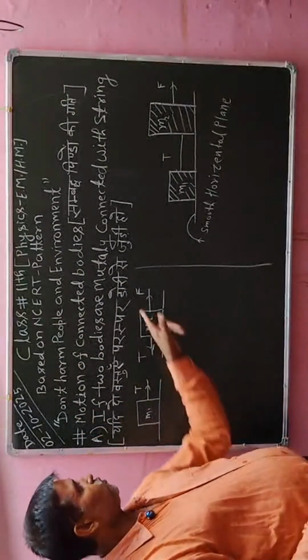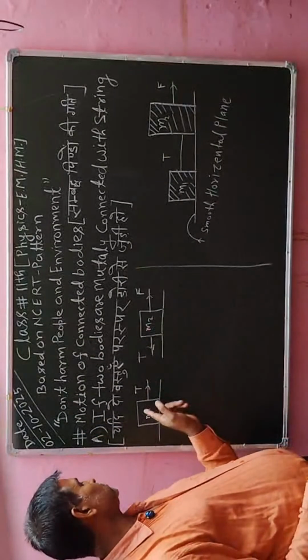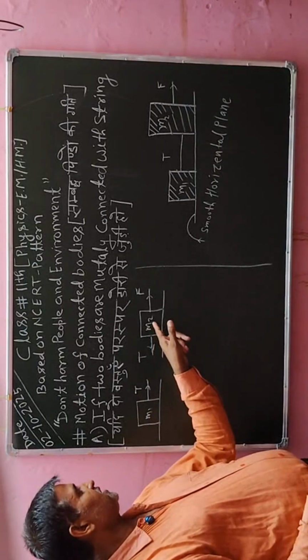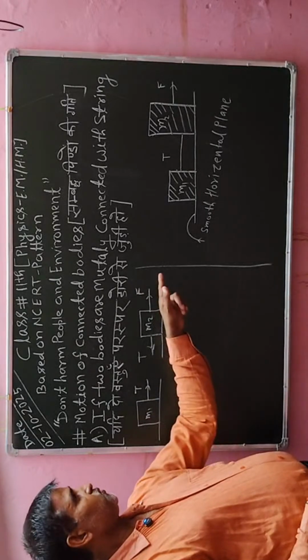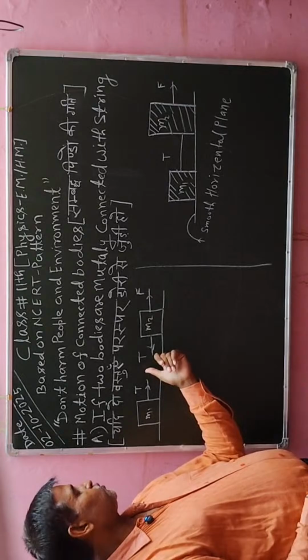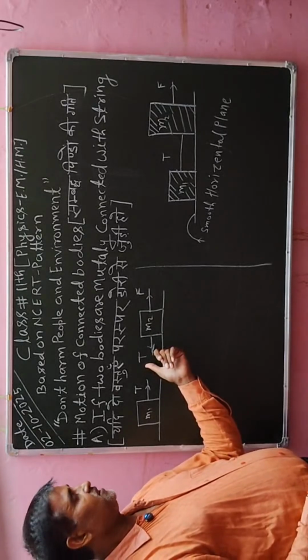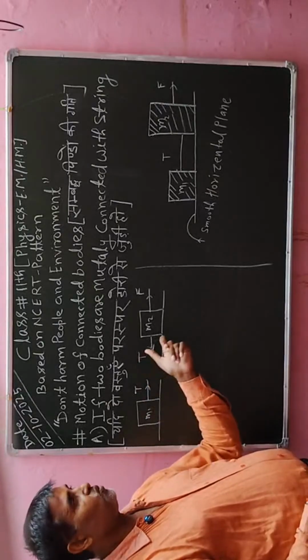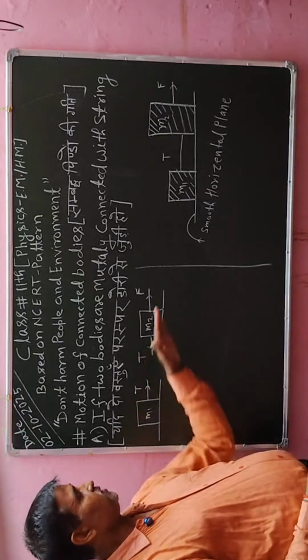So if the force is going in the forward direction, the direction of this mass will be forward, but the tension T will be a force in the opposite direction. Okay, now with this tension this force will go outside, because it goes in forward direction.